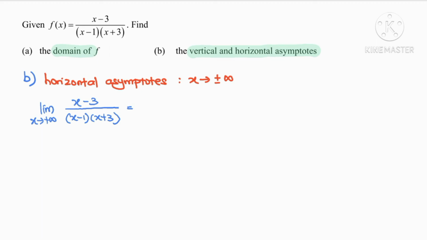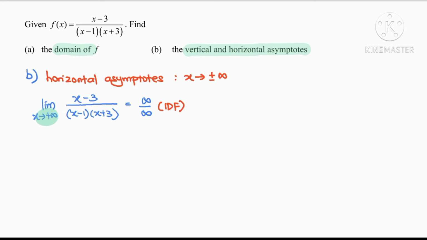We are going to substitute x with infinity into the function. So we get infinity over infinity. This is an indeterminate form. So to solve this, we are going to divide both numerator and denominator by the highest power of x in the denominator.